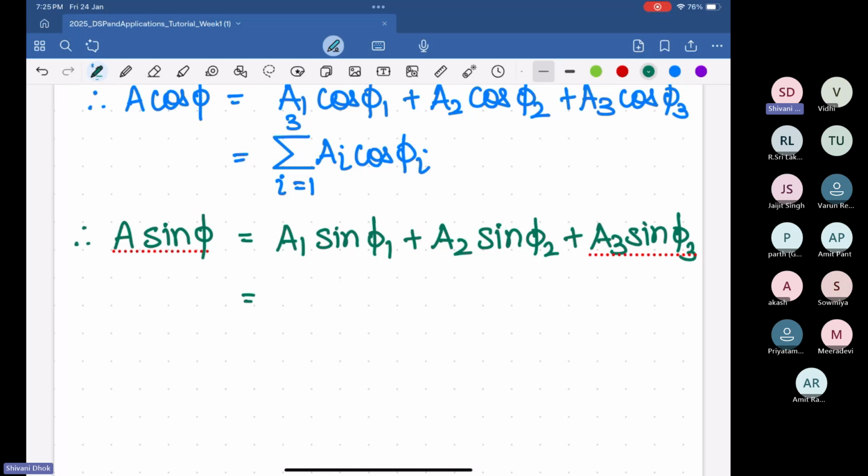Again, we can write it as summation i equal to 1 to 3 Ai sin phi i. Now we need to figure out what the values of A and phi are.